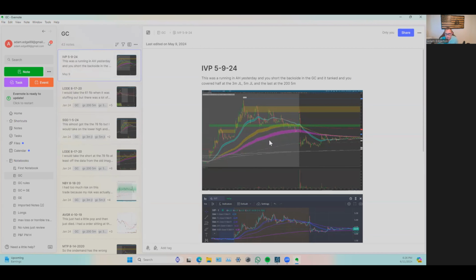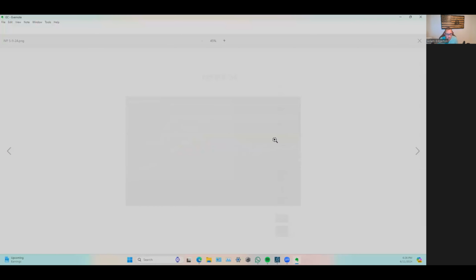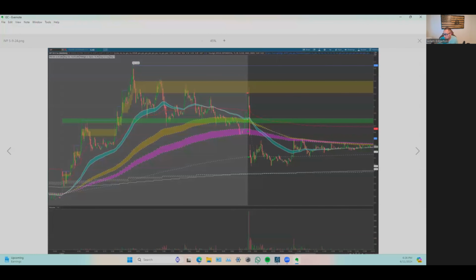So what that means is this thing had a high in the pre-market, it fails, then it bounces up into the golden zone, which is the 61 to 78 fib level. And you take a trade in this zone, cover half, cover half, cover half, cover half.